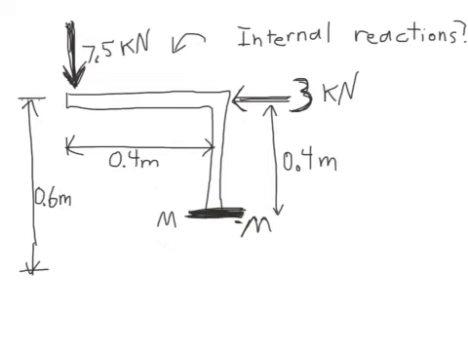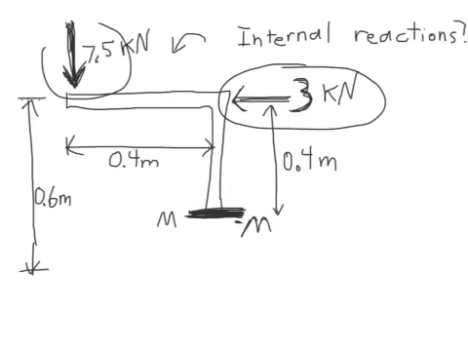So we know that the moment has to oppose both the moment created by this 3 kilonewton force and the moment created by this 7.5 kilonewton force. So again, we have a static equilibrium. We have a situation where the sum of all moments is 0.